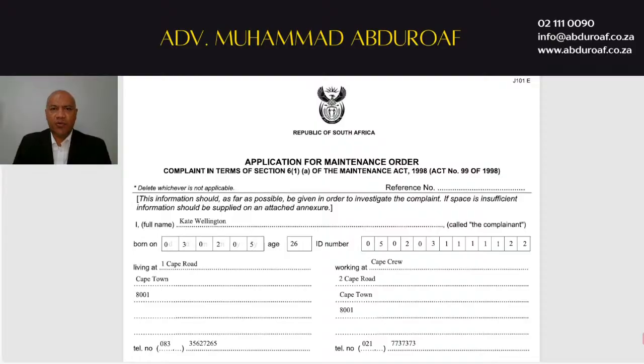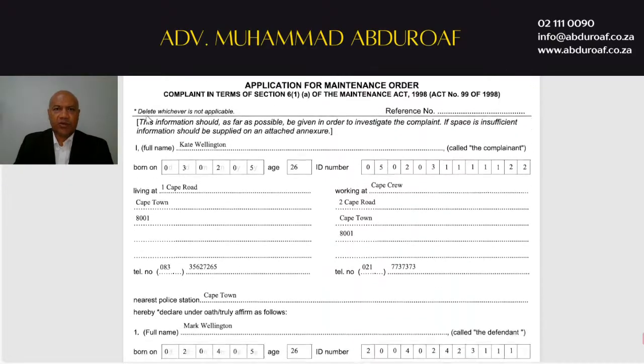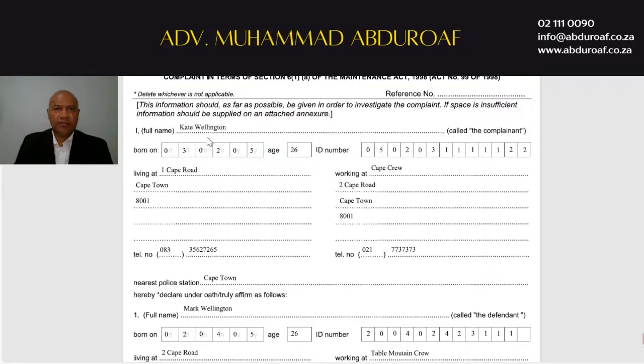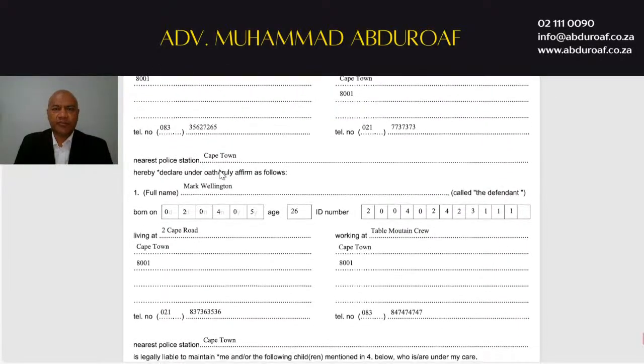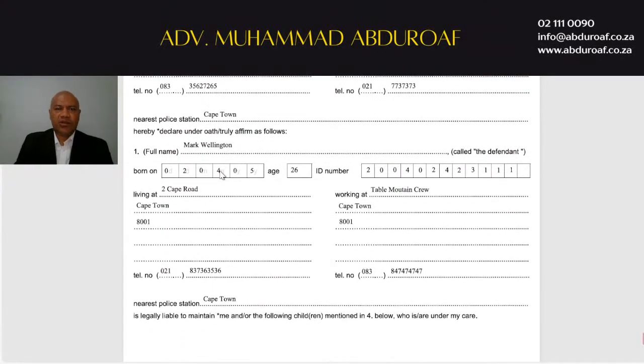When completing this form, please bear in mind that it is completed in affidavit format. Therefore, all the information which you provide has to be correct. You start off with providing your name, in this case, Kate Wellington, your date of birth, ID number, work and residential details, contact numbers, and in the next part you deal with the party who has to pay the maintenance.